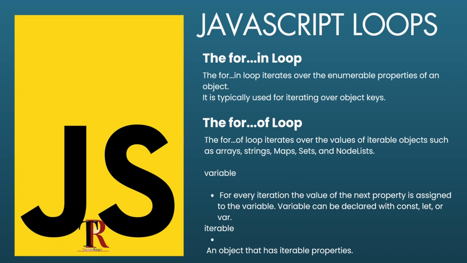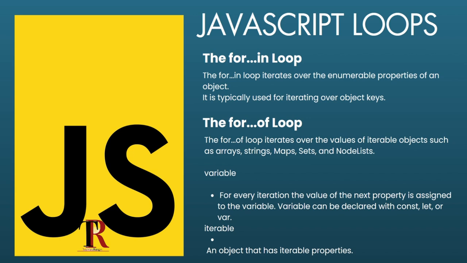A use context is when you are working with arrays, strings, maps, sets, and node lists. When you need to loop over the elements of any of these, a for of loop is very, very handy.